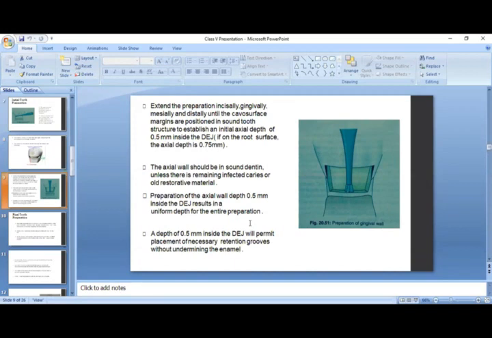Uniform preparation means that the whole preparation should be very uniform. Uniform means that it should be smooth. You know that in the clinical picture it should be smooth, right?